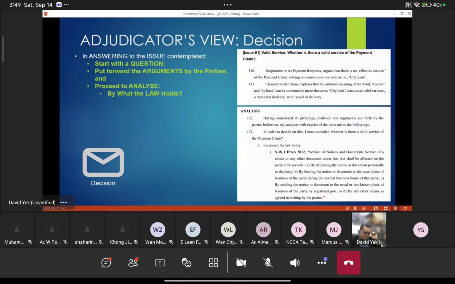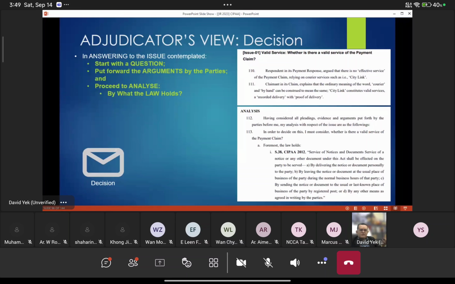Take this as an example. Whether the respondent has the right not to pay the claimant? This is a question. In the claimant's claim, he claims that he has done this work and gives this invoice, so he ought to be paid. But in the respondent's argument, the respondent says that he did not complete his work. He only completed half of the work.